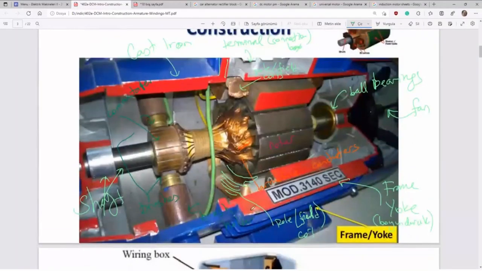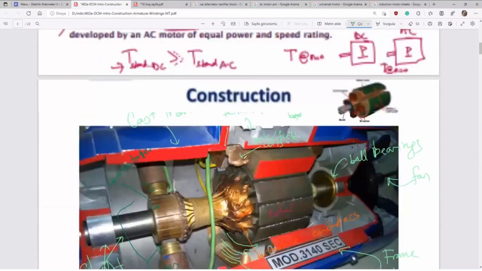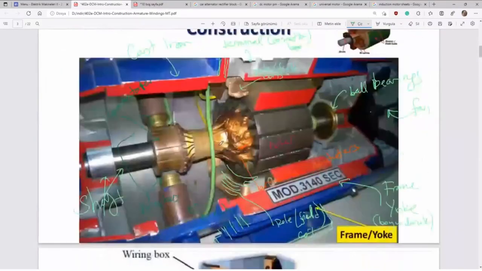Again, yoke or frame conduct magnetic flux and it is also used for cooling purposes, some mounting purposes. Here are feet for the mounting. Here is terminal box. Here are the fan guard, front guard, kapak.